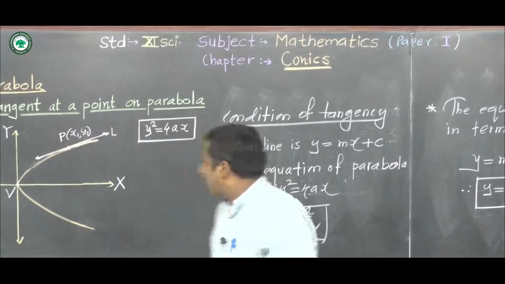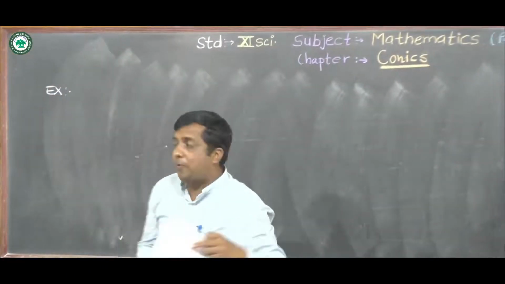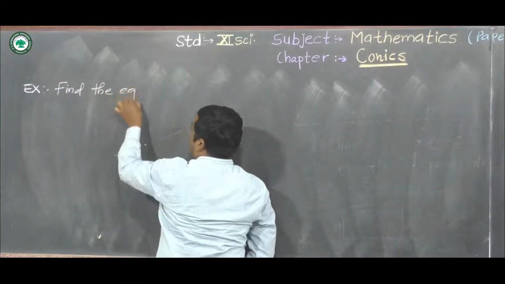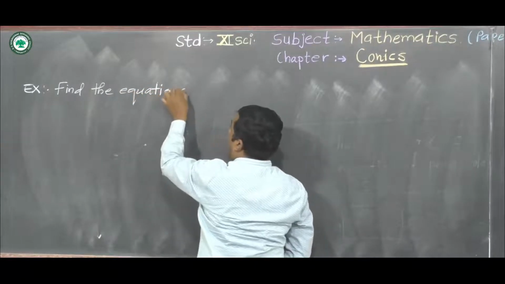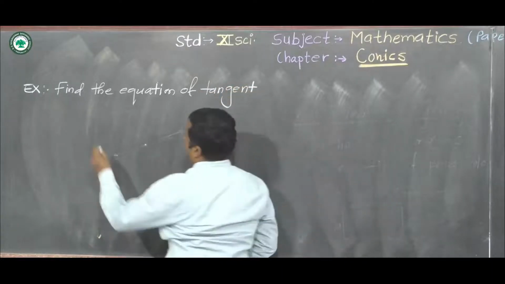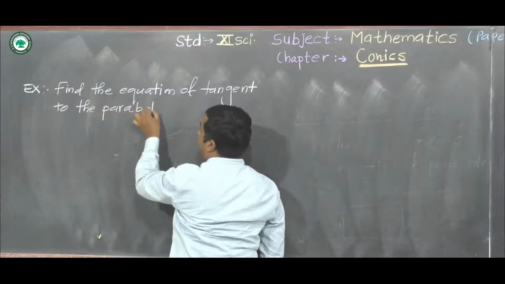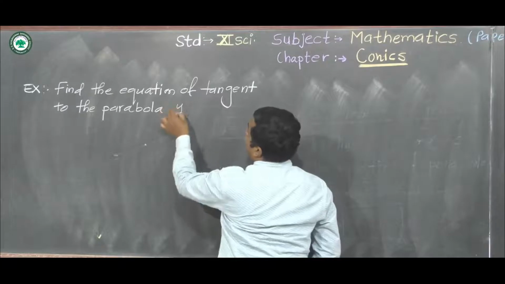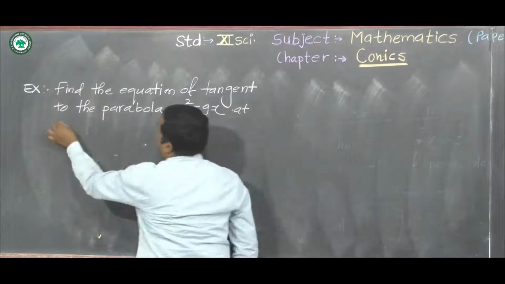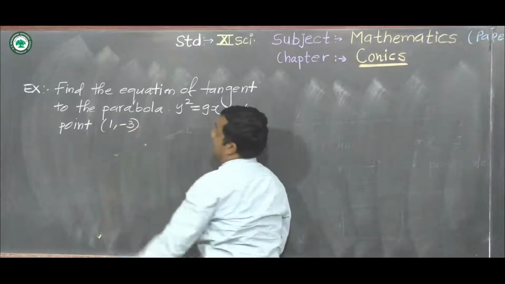Let's go with our first example. Given: find the equation of tangent to the parabola y square is equal to 9x at point (1, minus 3).